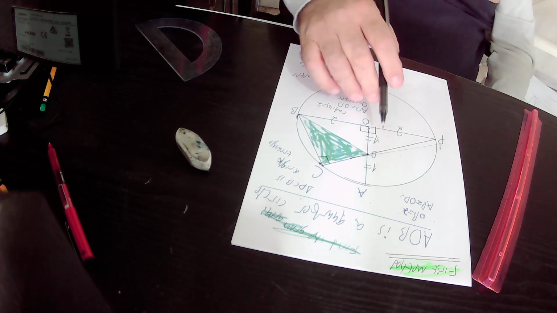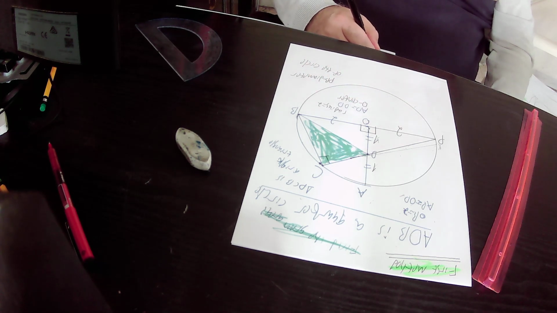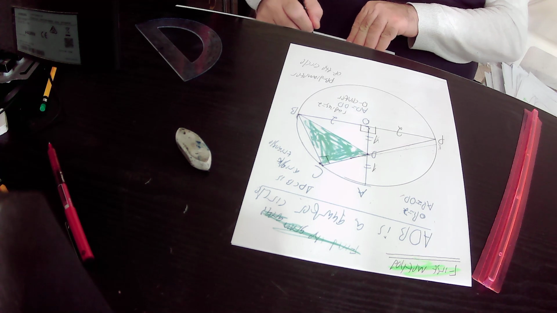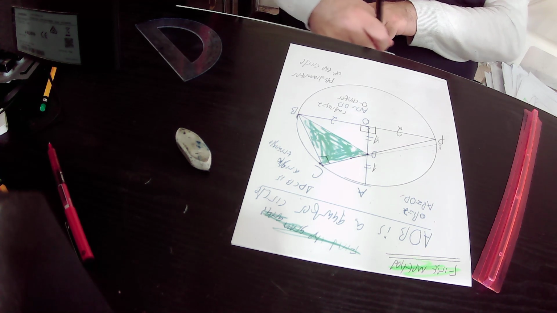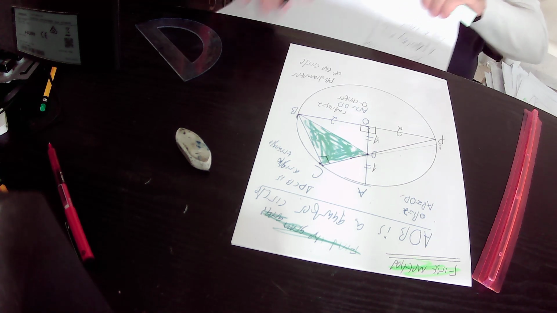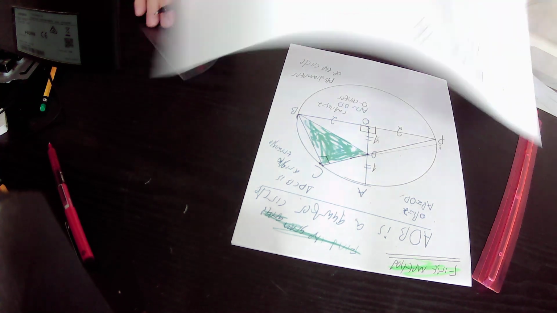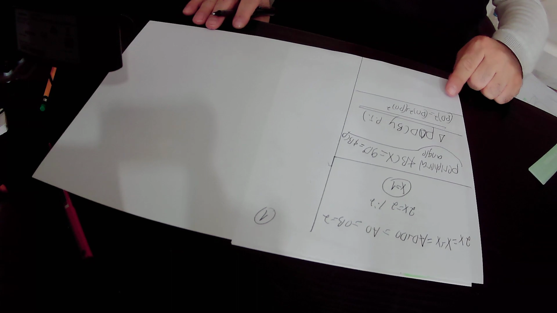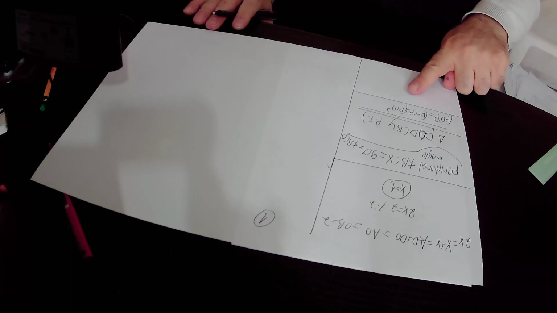That is to say, PD square equals DO square plus PO square. I repeat again, in the right triangle POD, PD square equals DO square plus PO square.